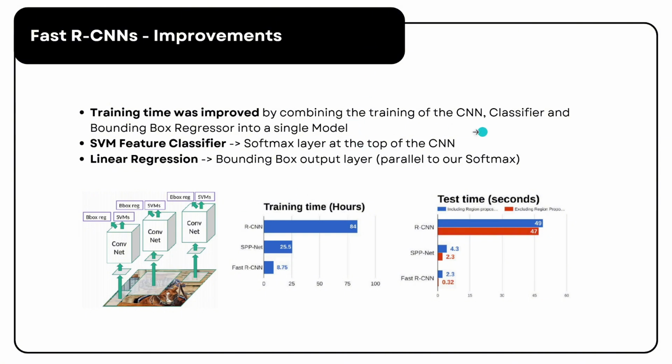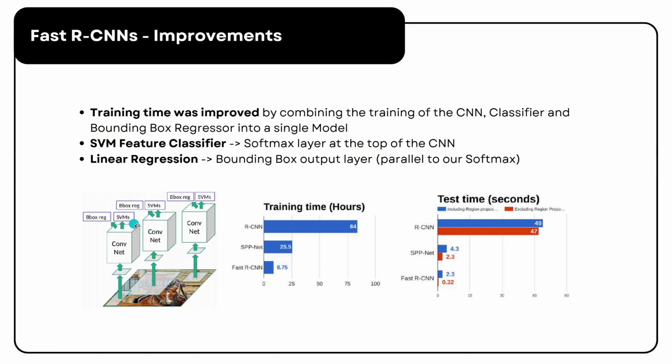Instead of SVM, Fast RCNN uses a softmax layer directly on top of the CNN to classify objects. For bounding box adjustments, it replaces the separate linear regressor with a regression head inside the CNN, in parallel with the classifier.